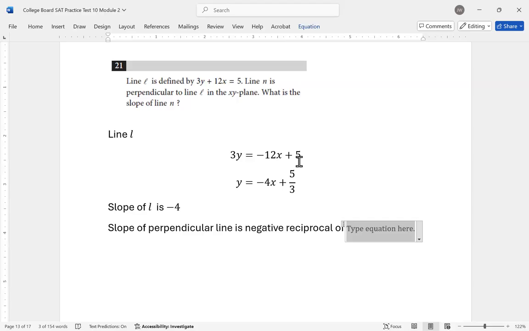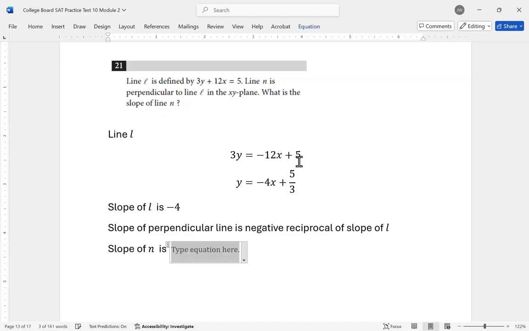So we're looking for the negative reciprocal of, I should say, the slope of L. So I'm looking for the negative reciprocal of negative 4. And that will give me the slope of line N.